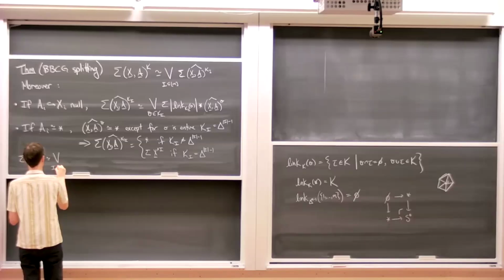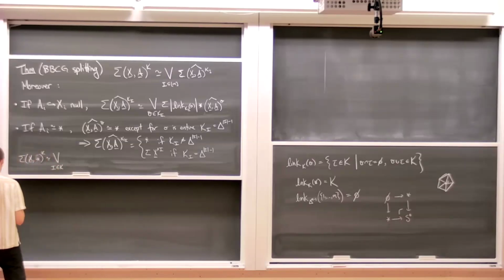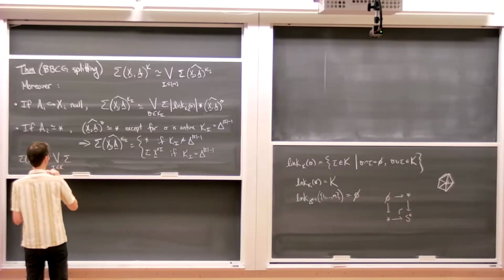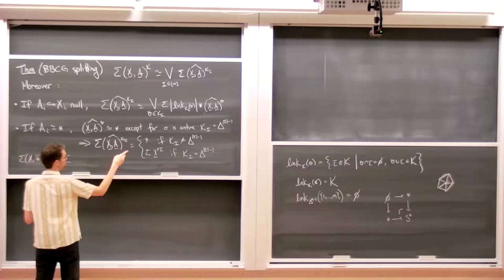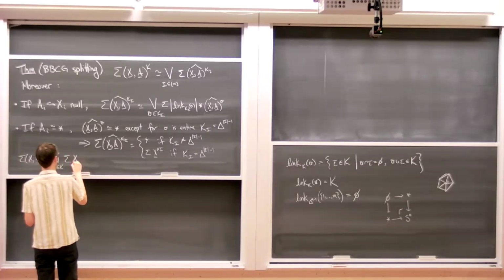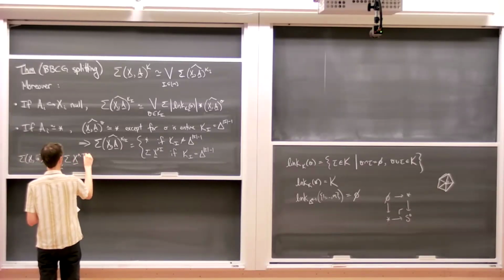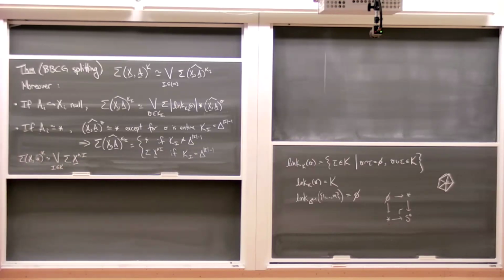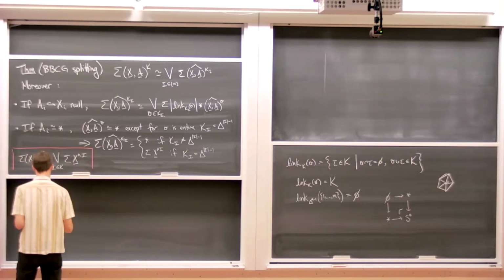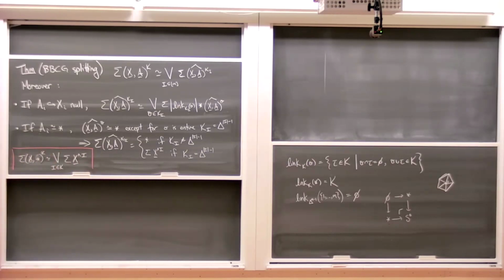The faces of K, the relevant ones. We just have these suspensions of smashes of X. So that's the overall splitting in that case. So like the Davis-Januszkiewicz space stably splits in this form, which is maybe not so surprising.